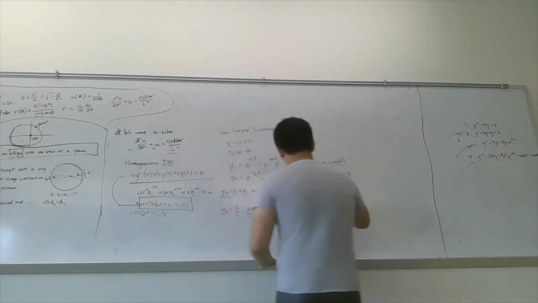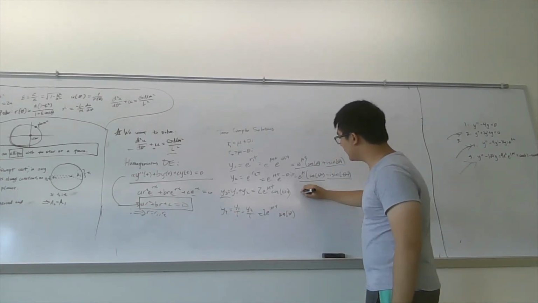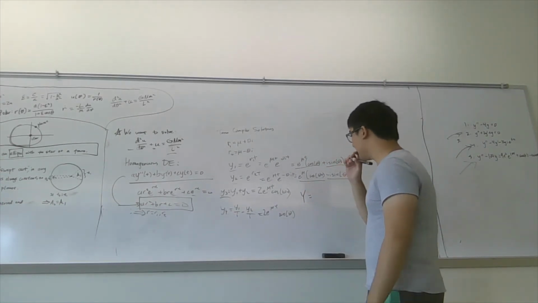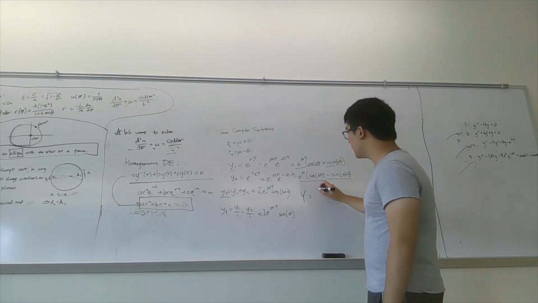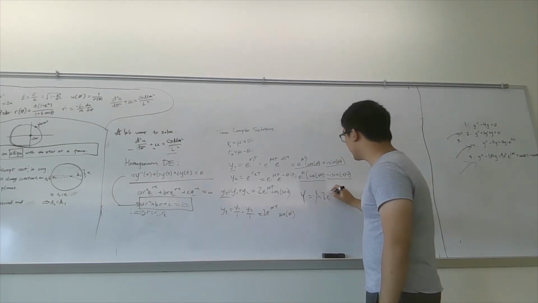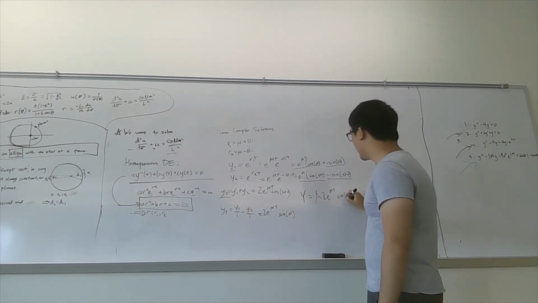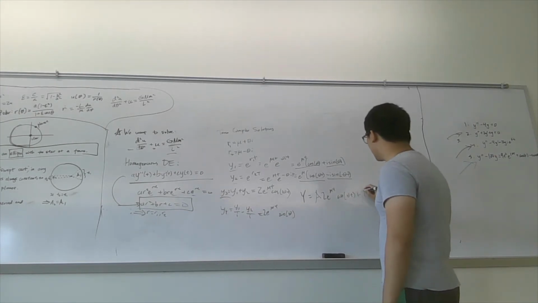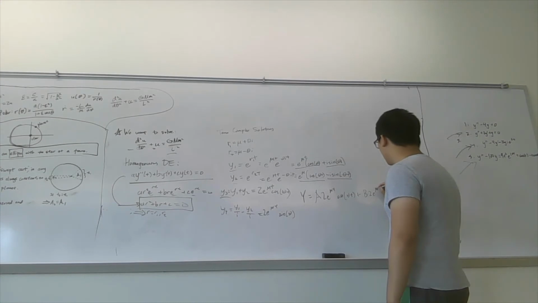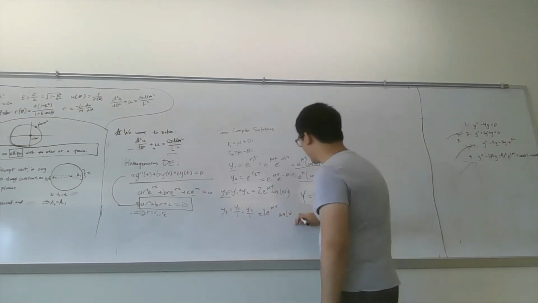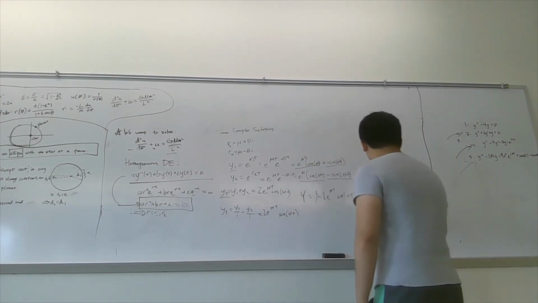So it then turns out that in general, the general solution is just given by a linear combination of these two. This should have a t, this should have a t.